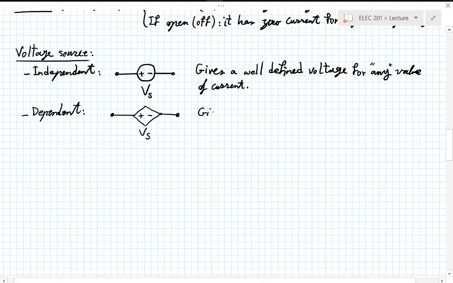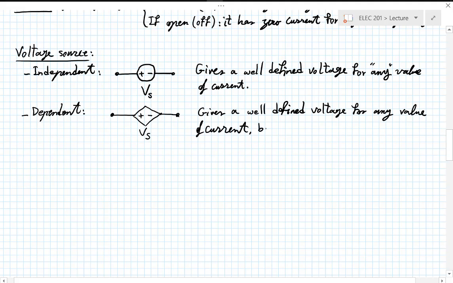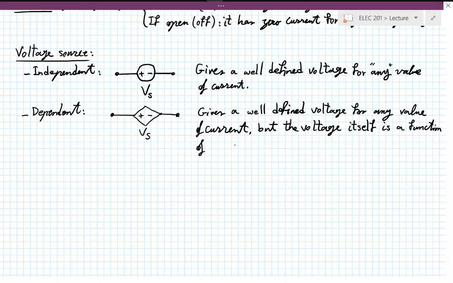It gives a well-defined voltage for any value of current, but the voltage itself is a function of some other quantity.